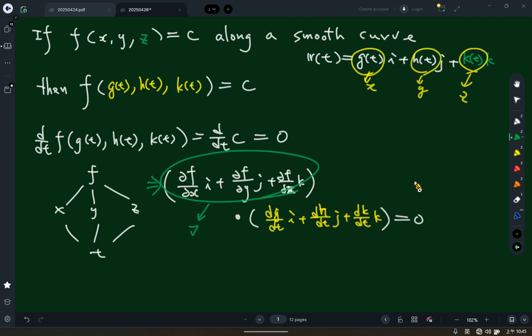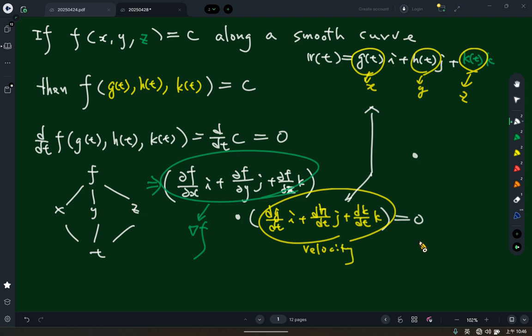So again, you can see here is the gradient vector. Here is the velocity. The velocity here is for a 3D path, not just for a 2D path. If we try to visualize it, this is a 3D space with x, y, and z.